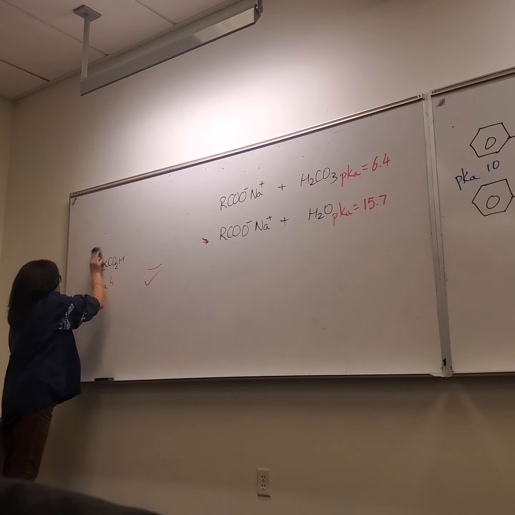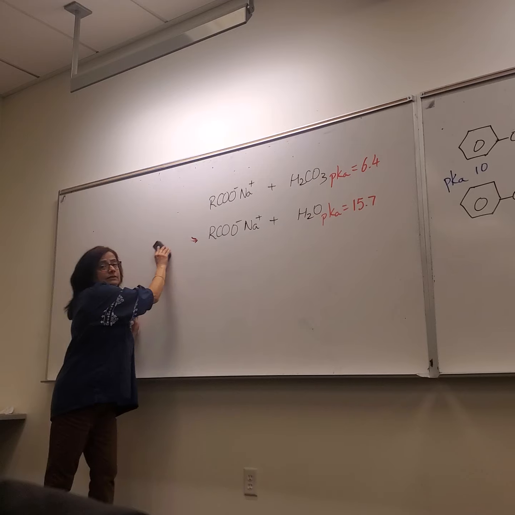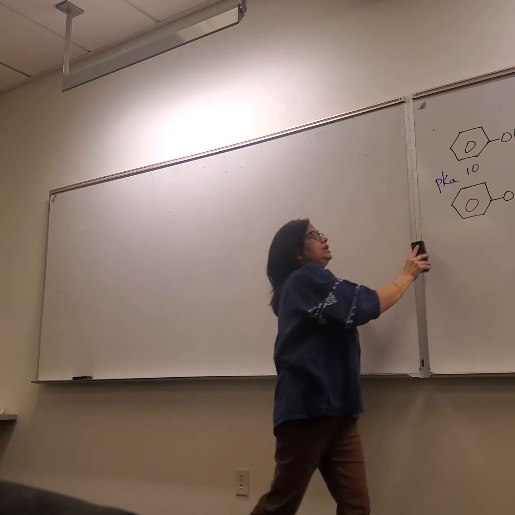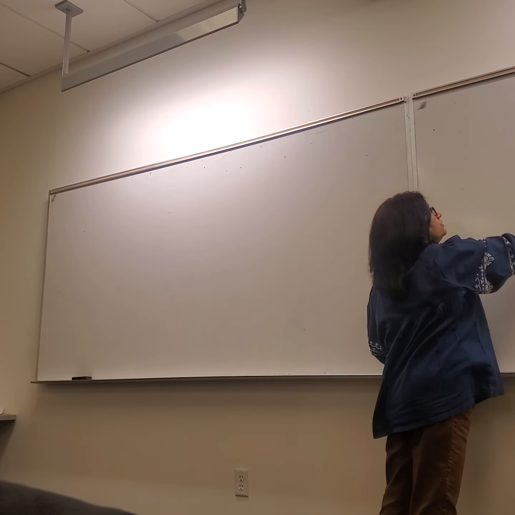Does everyone understand this? Questions? Please remember, in acid-base reactions, equilibrium is always in the direction of the weaker acid. Always. Okay, so that's the acidity of carboxylic acids.